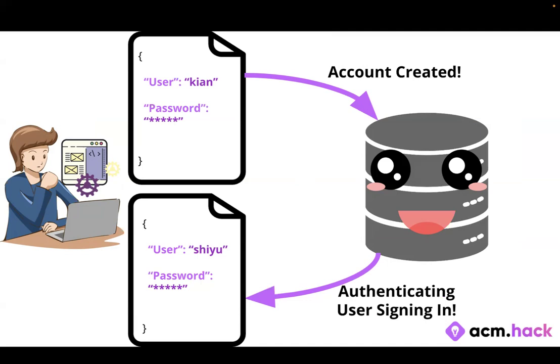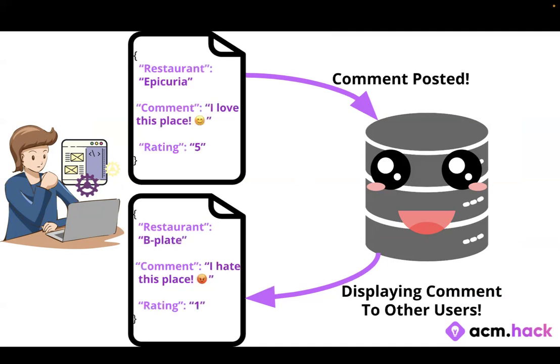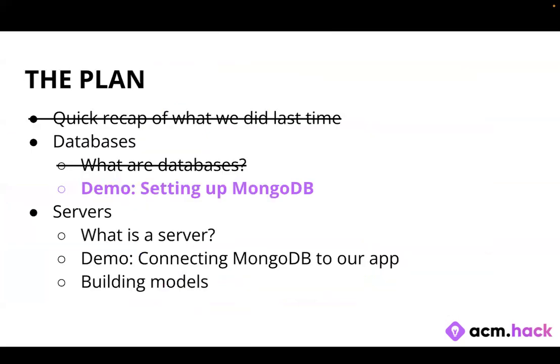For example, when an account is created and a user is signing in, you want to authenticate whether it's really them. Another example is when people comment on your restaurant, you want to store the comment in your database and access it whenever you want to display it to other users. Okay, I think that's all for databases.